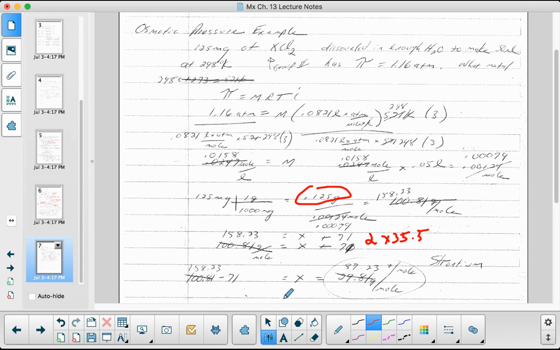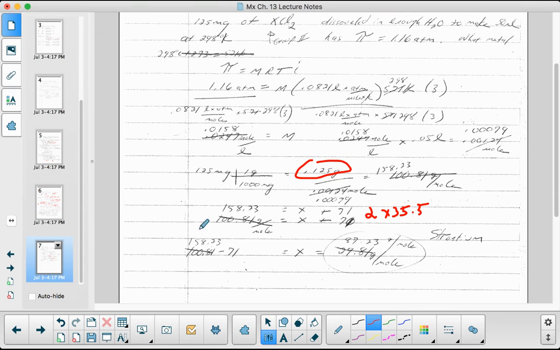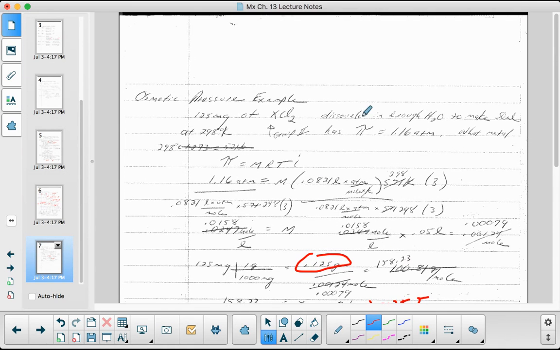And then you're going to do a little bit of algebra here and solve for X and find out that it's 87.23 grams per mole. And we find out that the metal that is my X value that I'm trying to identify is strontium.